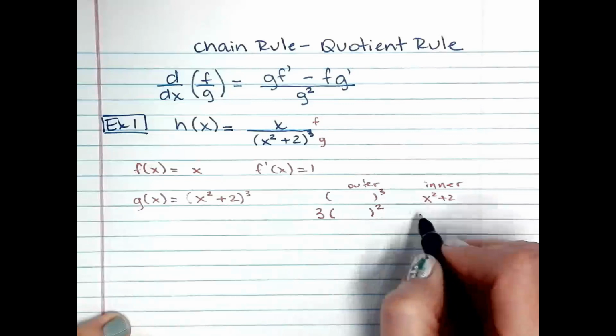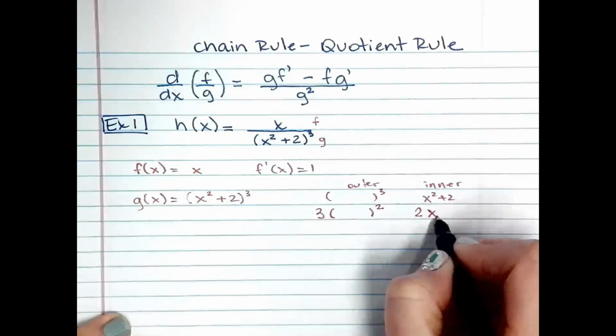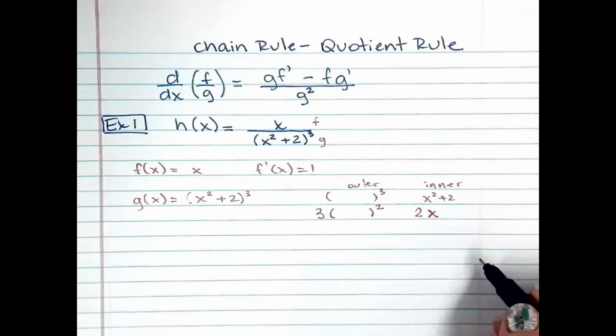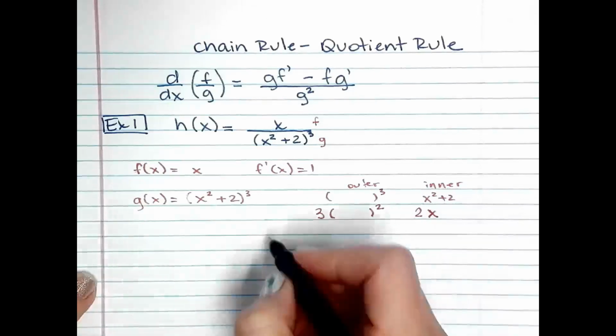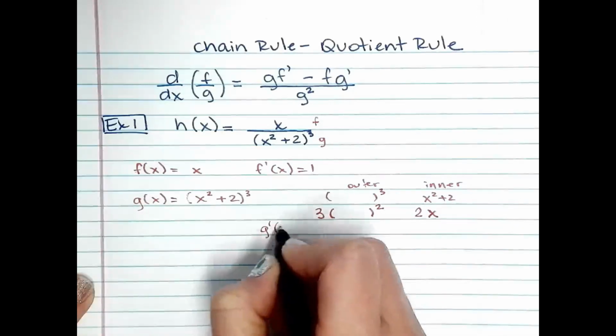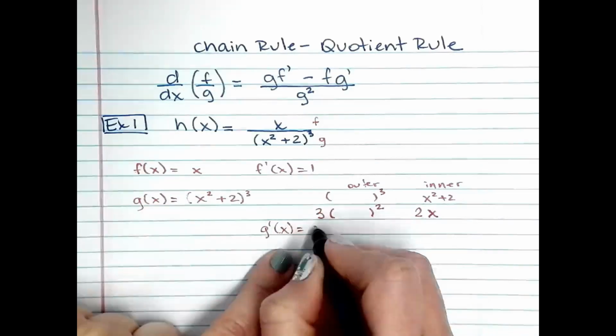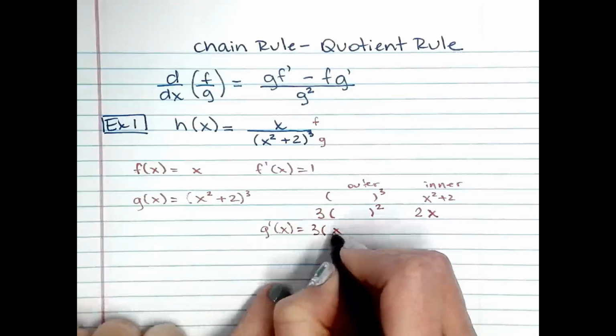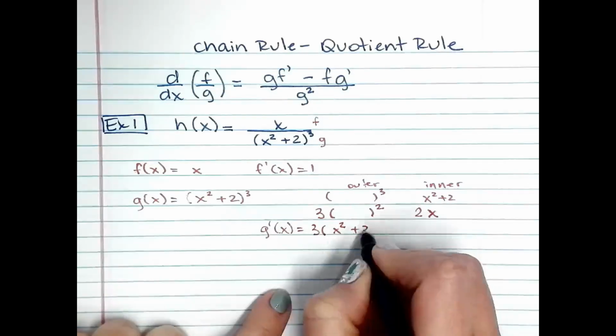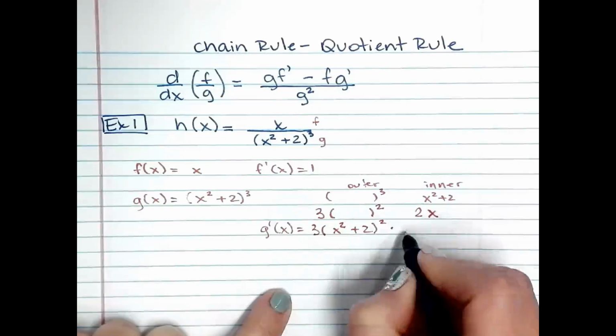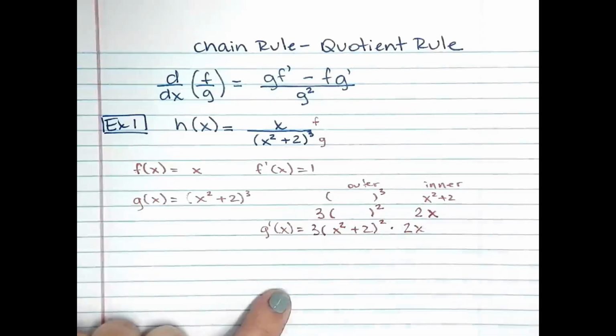So the 2 goes in the front, and then you take away 1 from the exponent, that makes a 1. Okay, so the derivative of the function in the denominator will be 3 times x squared plus 2 to the second power times 2x.